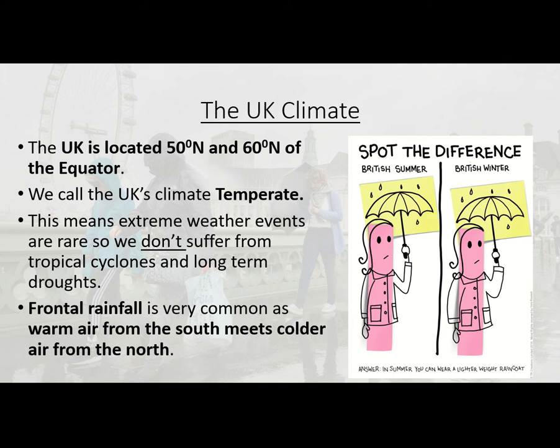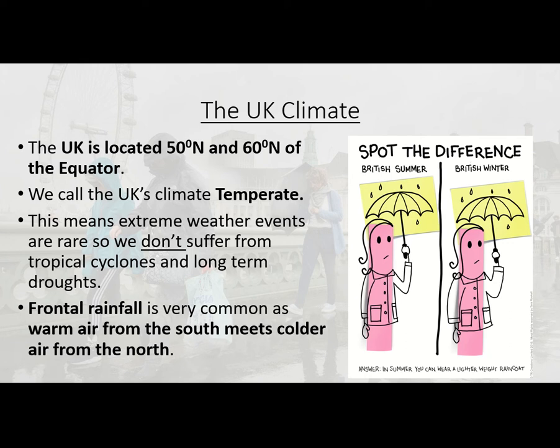So, a bit of background to the UK's climate, which is worthwhile you jotting down for your notes, is firstly where the UK is situated. The UK is 50 to 60 degrees north of the equator, and that means that we are getting further away and have a higher angle of incidence. Essentially, the equator is 0 degrees.